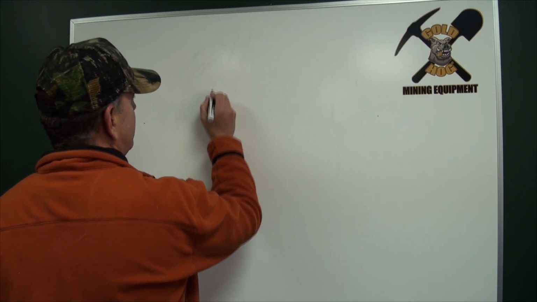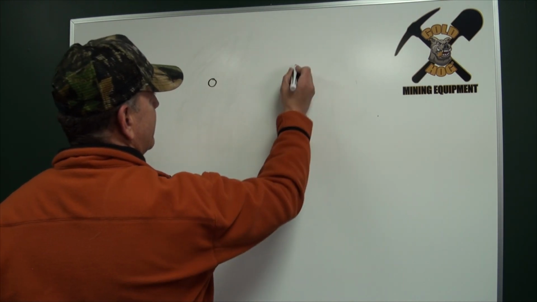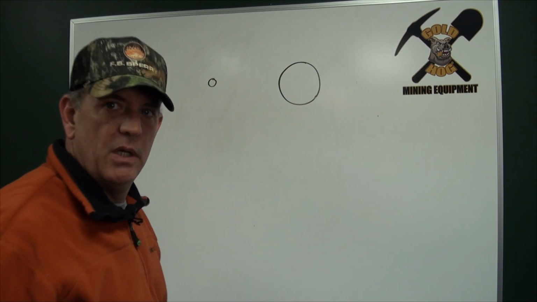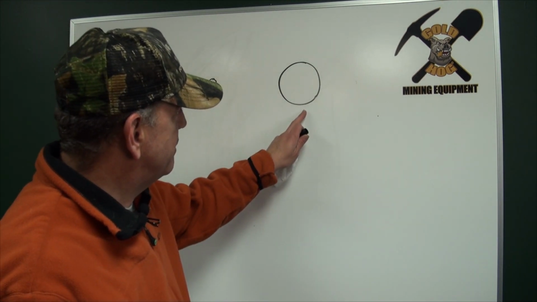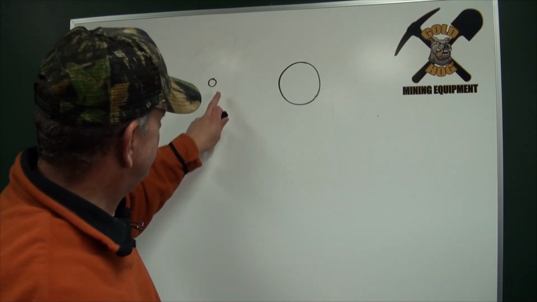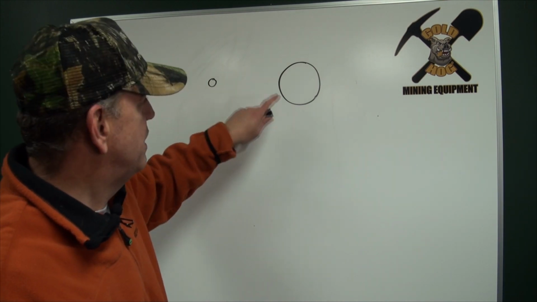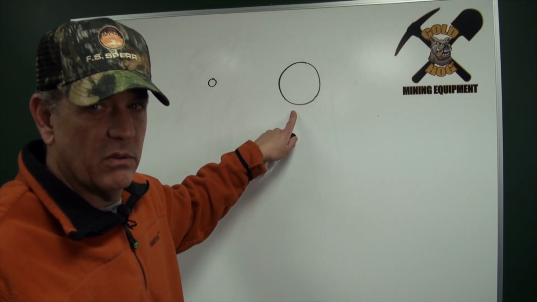But let's say I have a piece of gold that big and I have a piece of gold that big. The hydraulically equivalent materials, and I'm blowing this up for you. Let's say this is a very, very small piece of gold and this is about a 1/4 inch piece of gold.